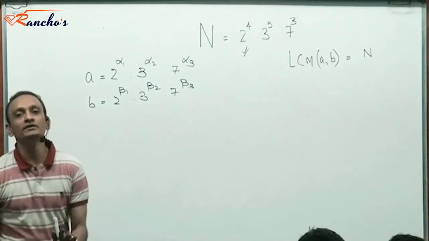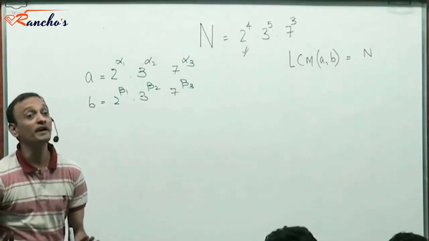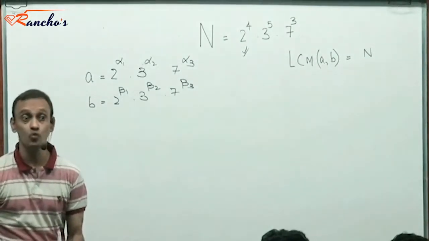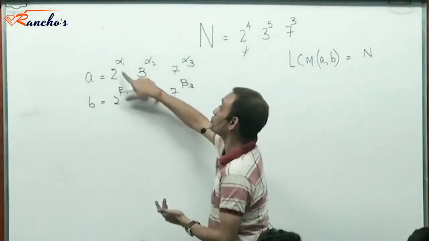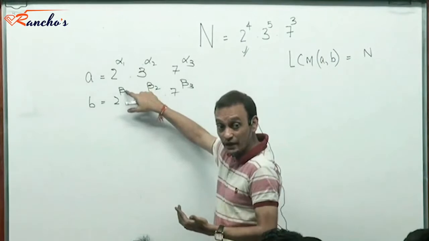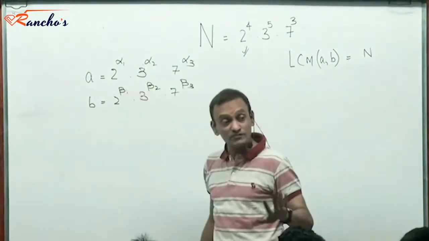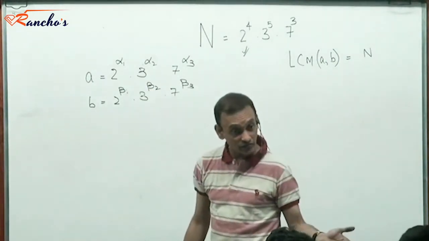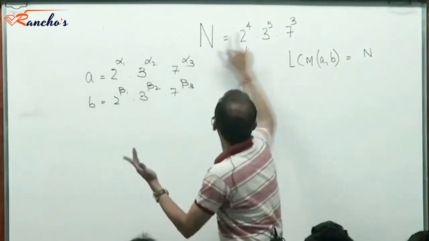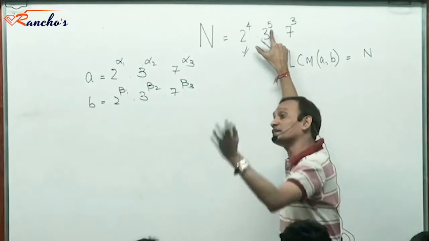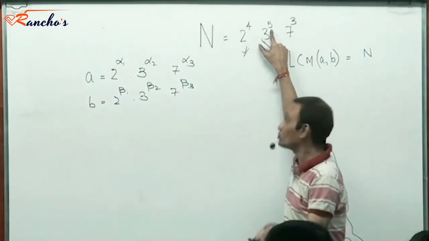Now, finding the number of ordered pairs is about finding the number of ways in which a choice of alpha 1, beta 1 can be made such that one of them is 4, the other one could be less than 4. And selecting alpha 2, beta 2 such that one of them is 5, the other can be 5 or less.